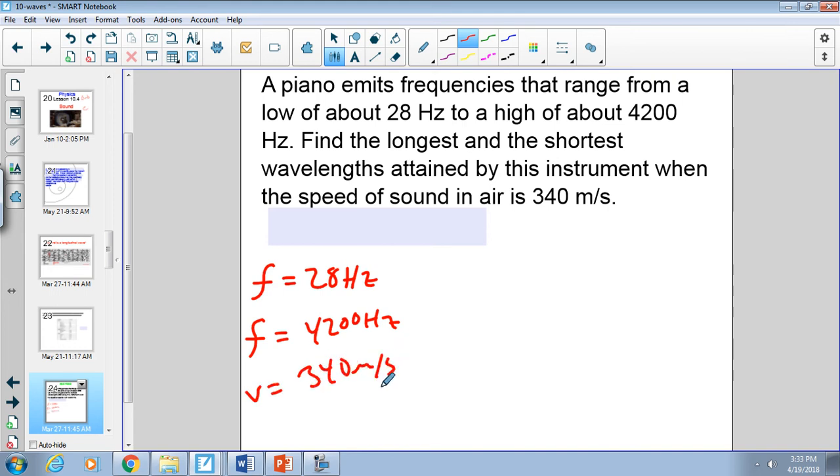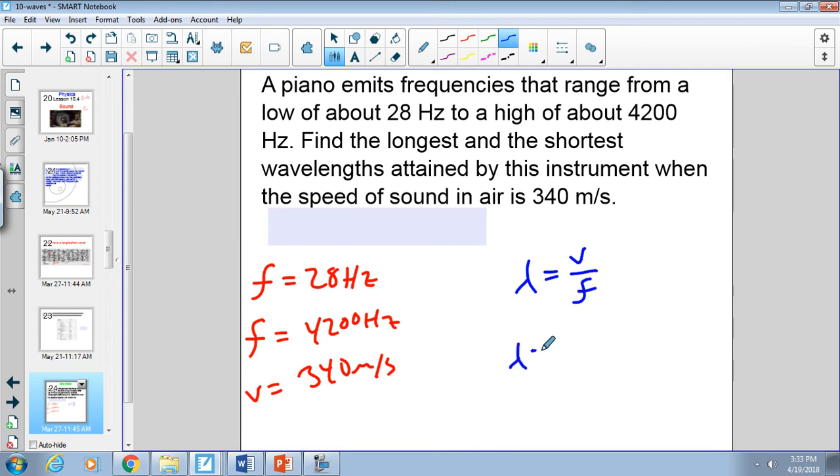Now remember, the temperature does affect the speed of sound. So typically you add 1 meter per second for every degree above zero you get. Anyways, back to this. We're going to use our wavelength formula, and we are looking for wavelength at these two frequencies.